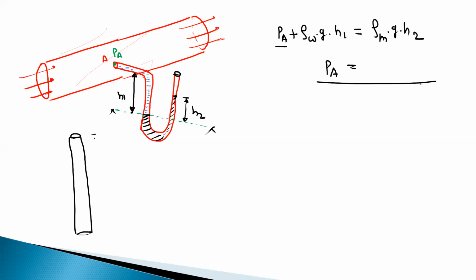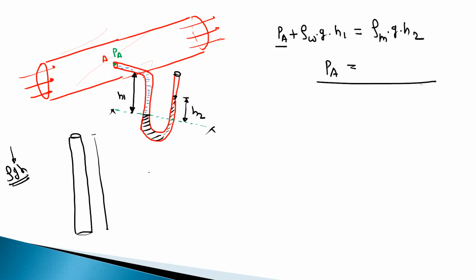For high pressure, we need to increase the height of the glass tube, because finally the pressure depends on the height, as per this principle, rho GH. So if we are measuring higher pressure, we need a glass tube with the maximum height. So that puts a constraint on the use of the piezometer.